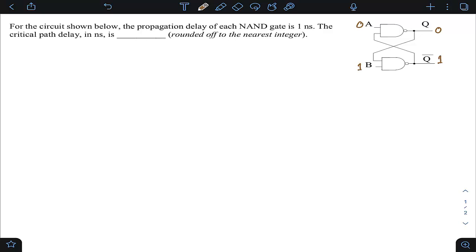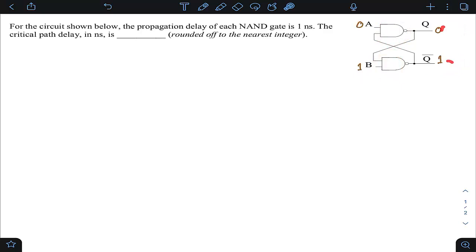Why am I assuming like this? Because if A is 0, then in steady state this will be 1 and this will be 0. The state I am assuming, 0, 1, will be complemented. Whenever the states change, we can expect the worst case delay, because if you get a change in both states, 1, 0, it means the delays of this gate and this gate are involved. Only then do you get the change in outputs. That's why I am selecting the input as 0, 1.